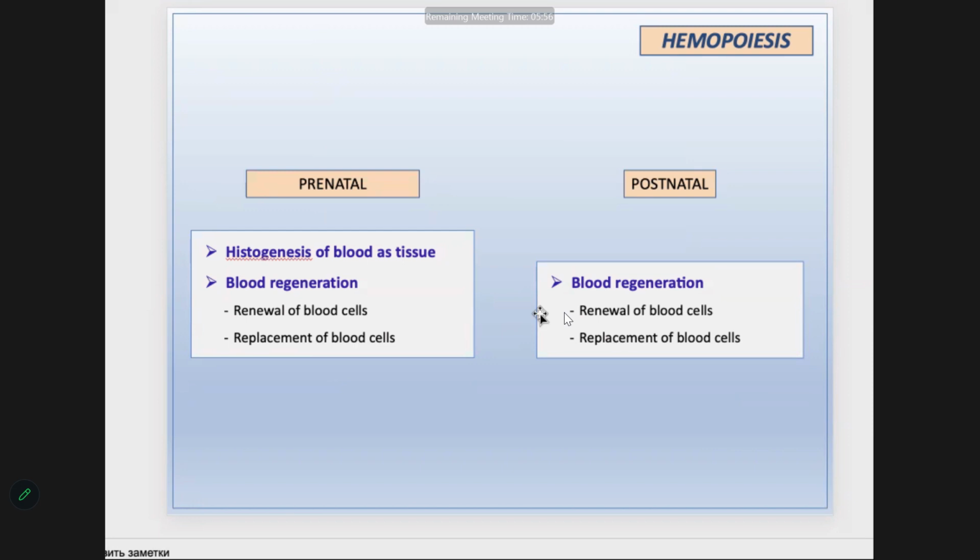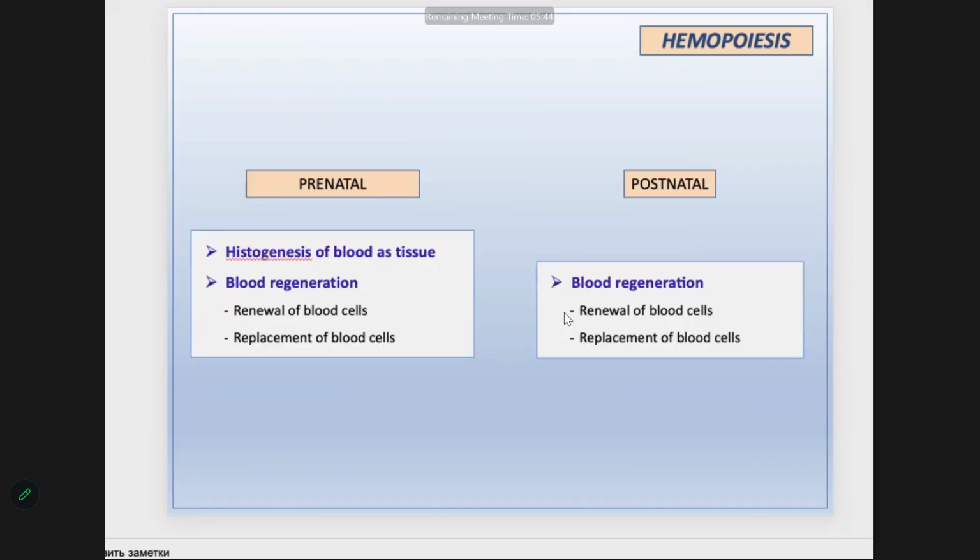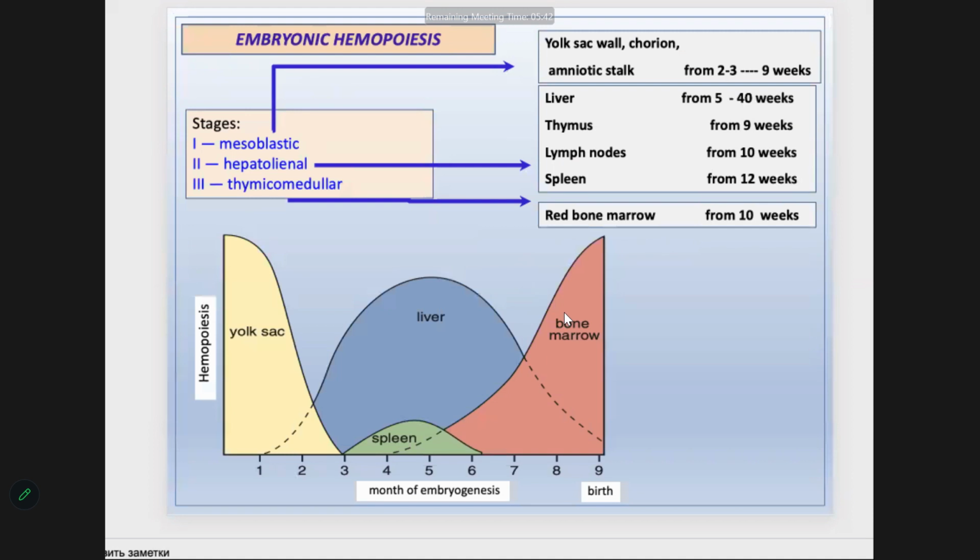Blood regeneration also includes the renewal and replacement of blood-formed elements. In embryonic or prenatal hemopoiesis, we distinguish three stages that take place in different weeks of the embryonic period.